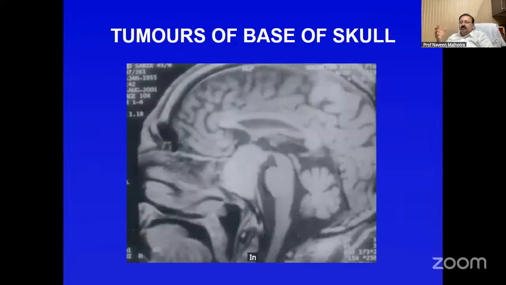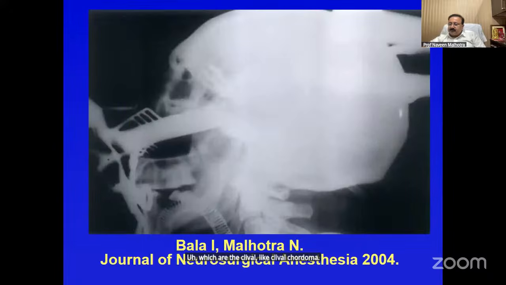Also, in tumors of the base of skull, such as clival chordoma, published in the Journal of Neurosurgical Anesthesia in 2004, where a Le Fort 1 osteotomy is done from the transoral approach for the base of skull tumor.